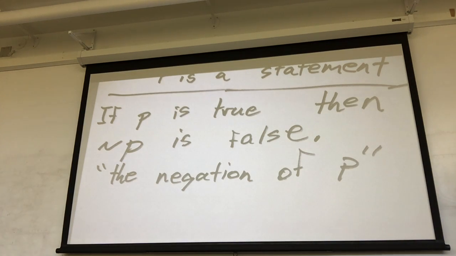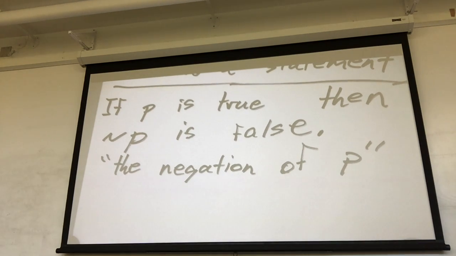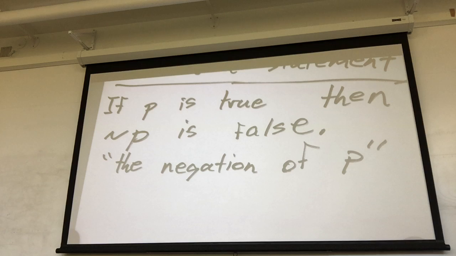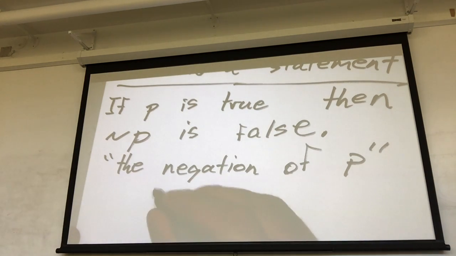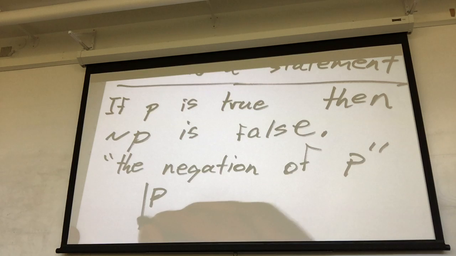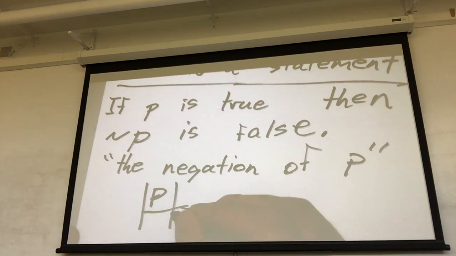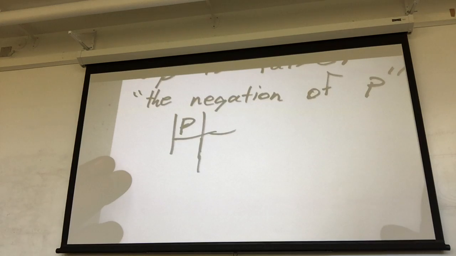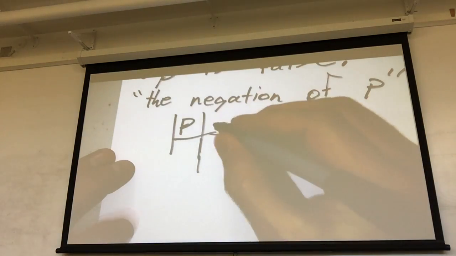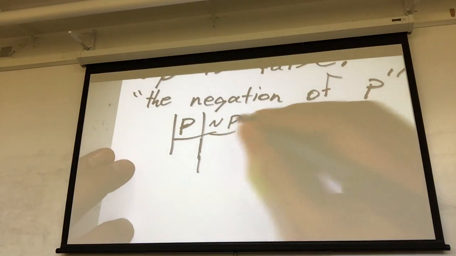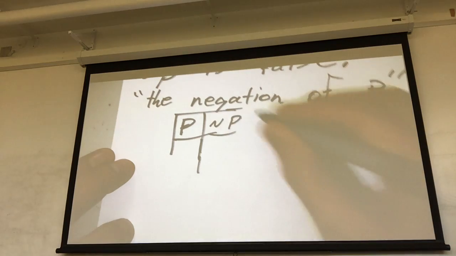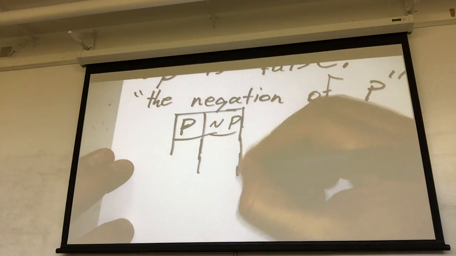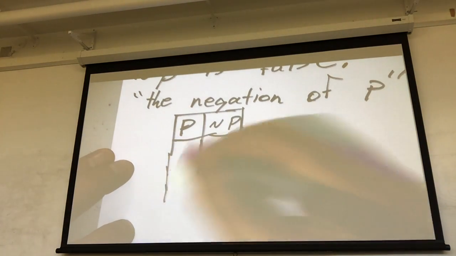Okay? And so if I was going to write this as a table, if P is true, then the negation of P is false. And so P, and the negation of P. And we're not going to devote a whole bunch of time to this because this is very abstract.